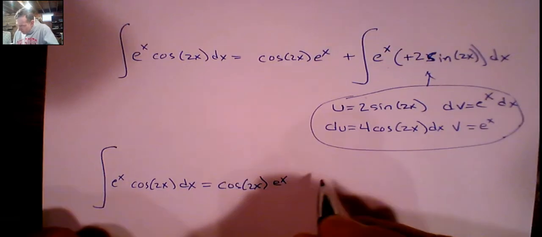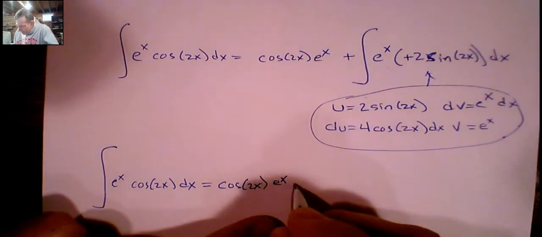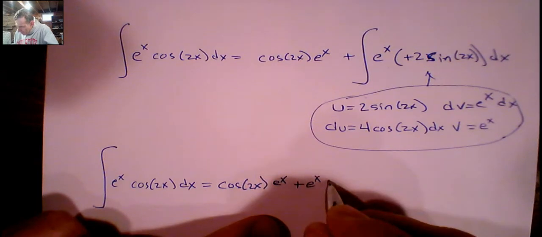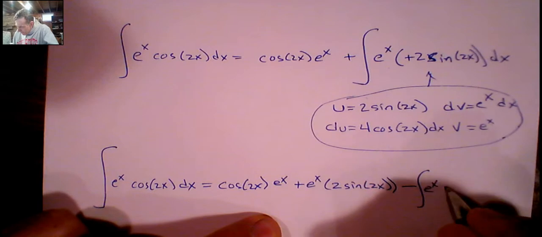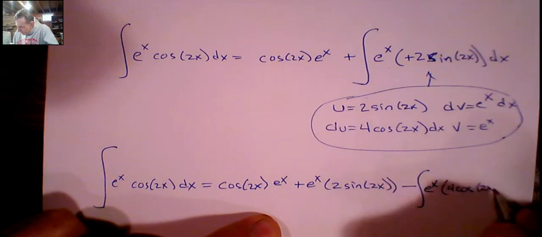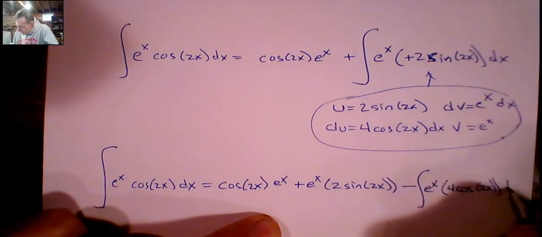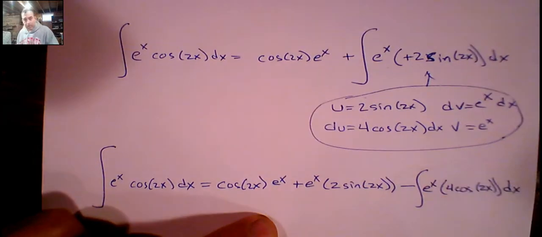Okay, so we have uv minus the integral of v du. Let me just rewrite this one more time.